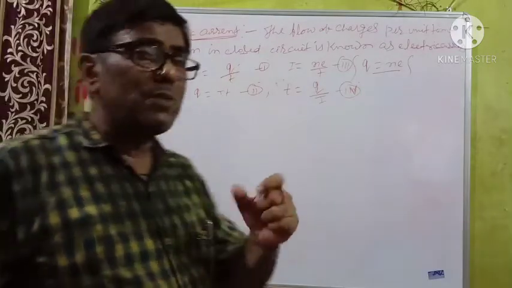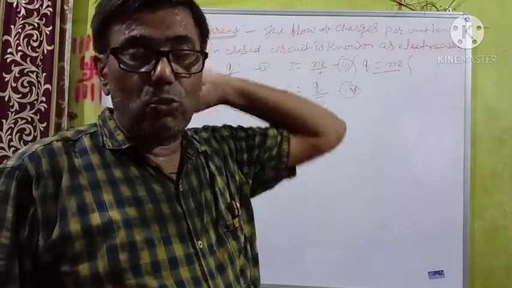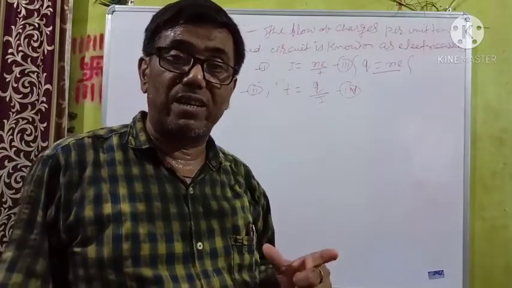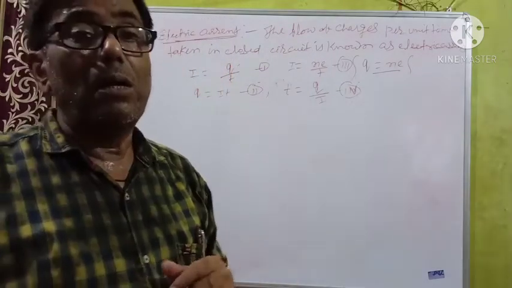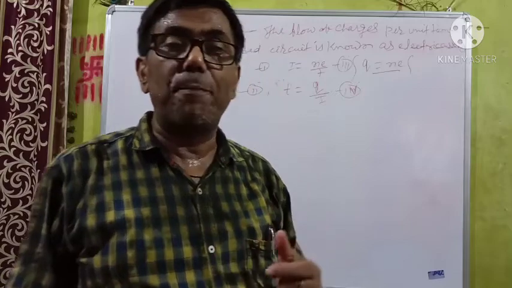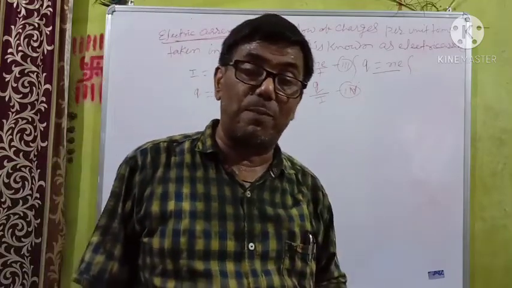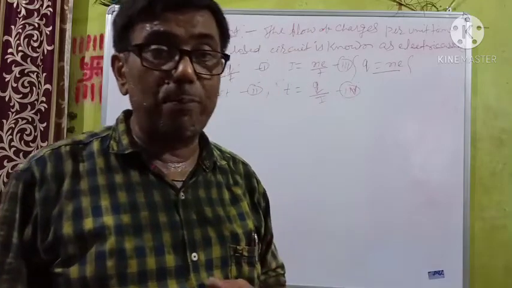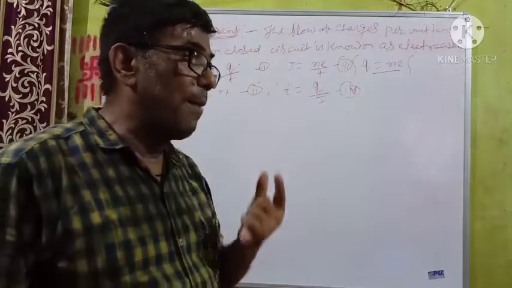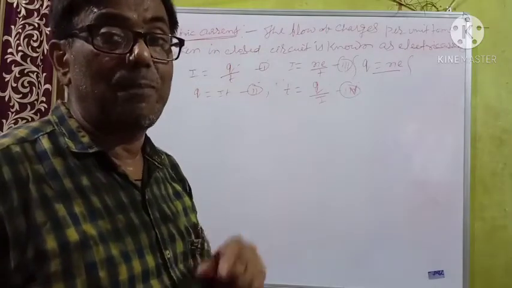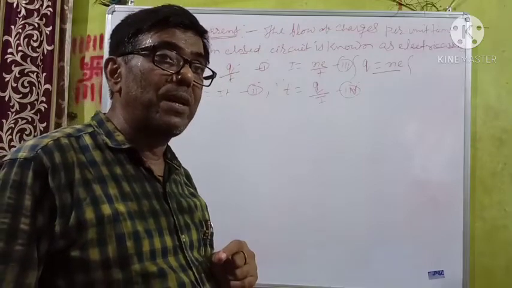Now, very small current is measured through an instrument known as a galvanometer. A galvanometer is used to measure below the ampere, meaning milliampere and microampere, but the ammeter does not measure milliampere and microampere. It starts measuring from the ampere. So 1 ampere is equal to 10 power 3 milliampere, and 1 ampere is equal to 10 power 6 microampere.